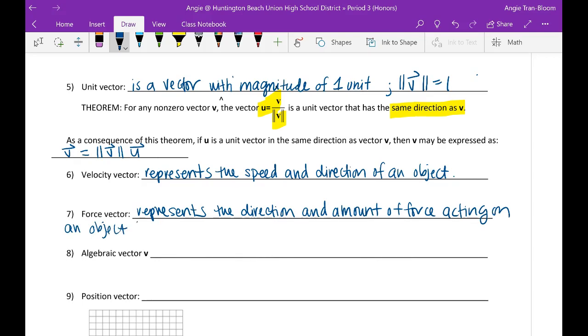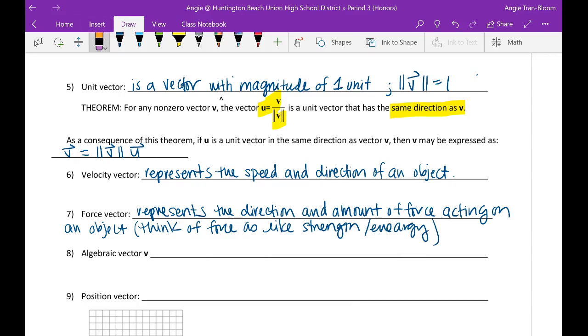If you think of force as a strength or energy.